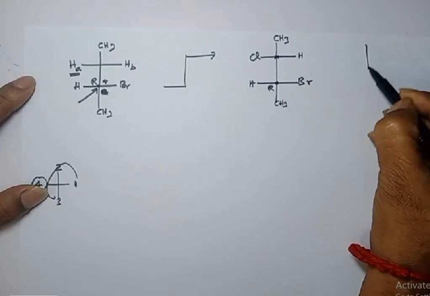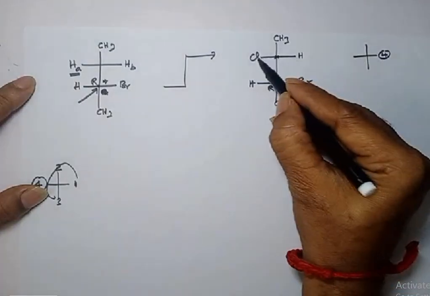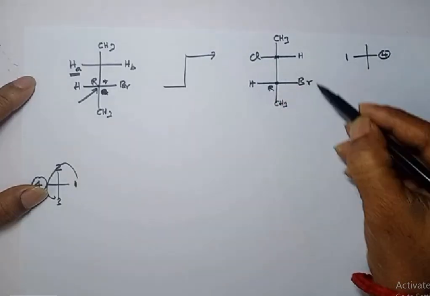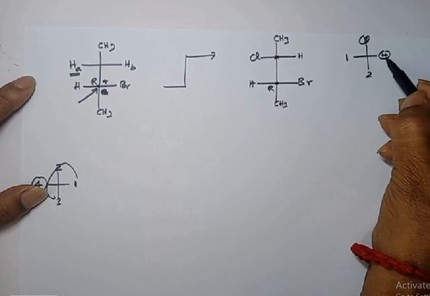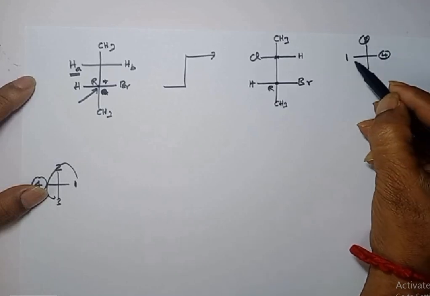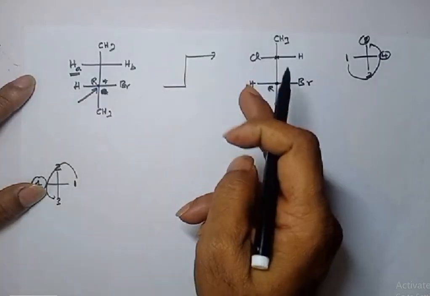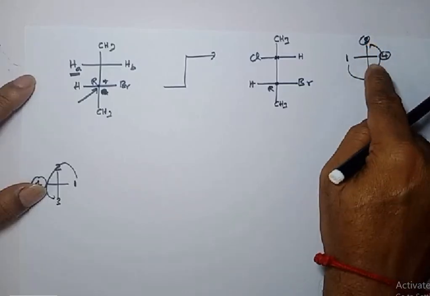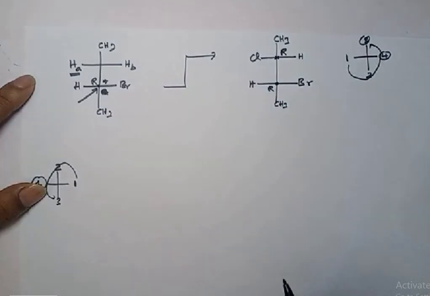The least priority group is 4, chlorine has the highest atomic number so it is 1, and the bottom group is bigger, so it is 2 and this is 3. The least priority group is in horizontal position and 1, 2, 3 goes anti-clockwise, which would be S, but since the least priority group is horizontal, this is R.